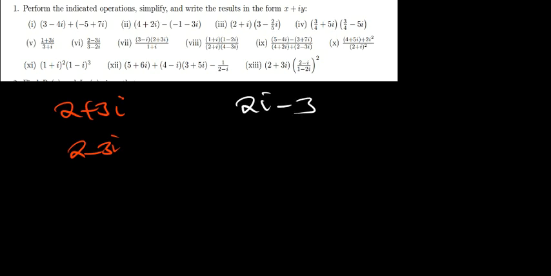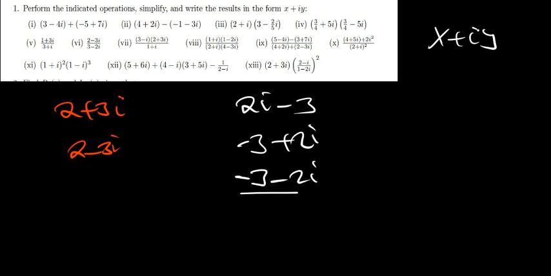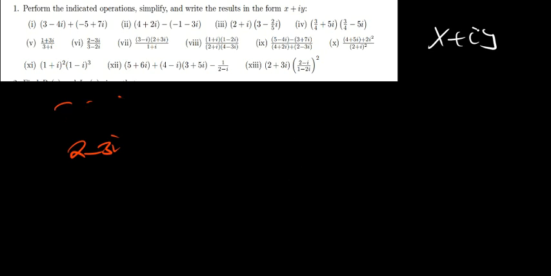Because we know that a complex number is in the form of x plus iy, this can be written as negative 3 plus 2i. And then the conjugate is negative 3 minus 2i. So you change the sign of the part which has the i.